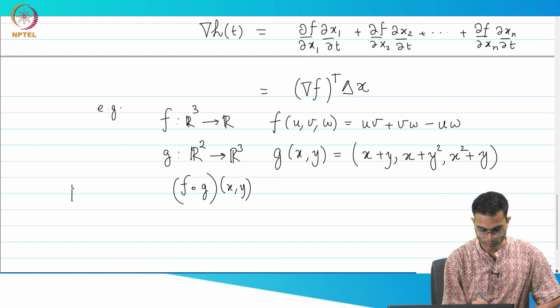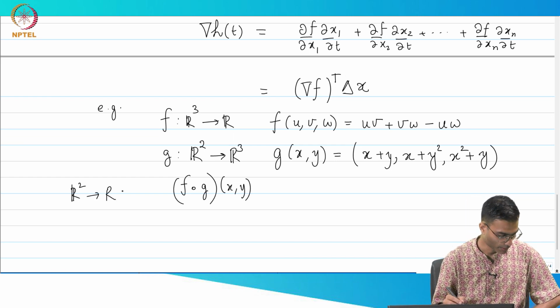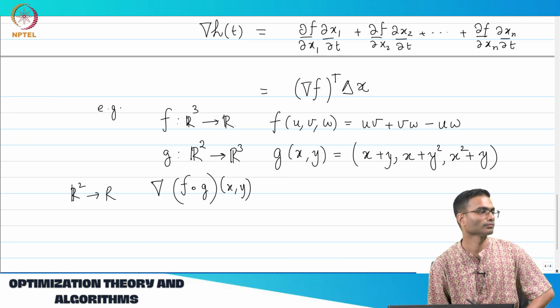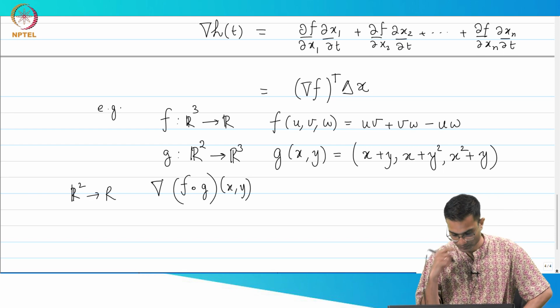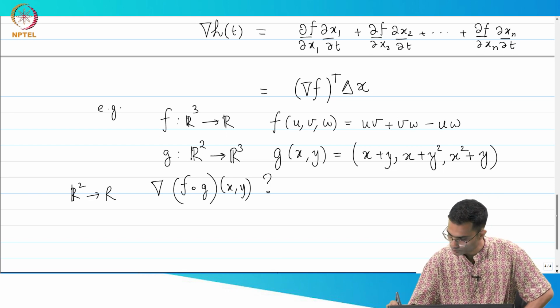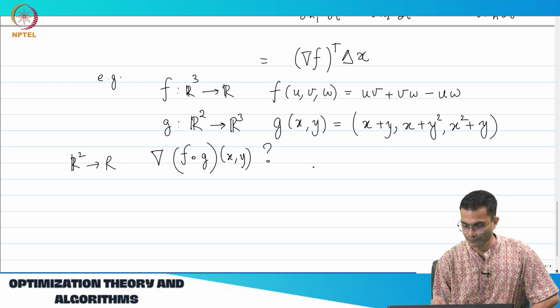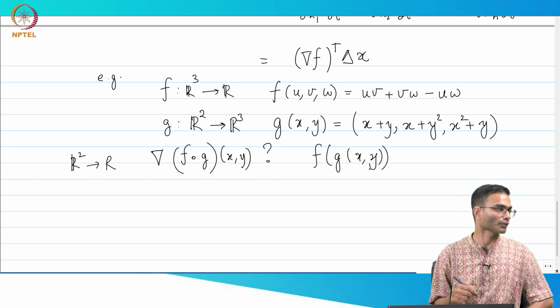R2 to R. That's what this is going to do. And what do we want? We want the gradient of this. So finally, it's f of g of x comma y. That's what we're looking at.